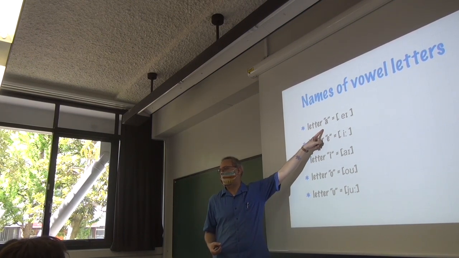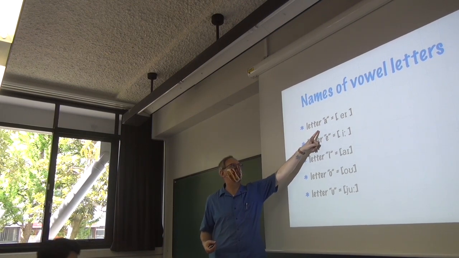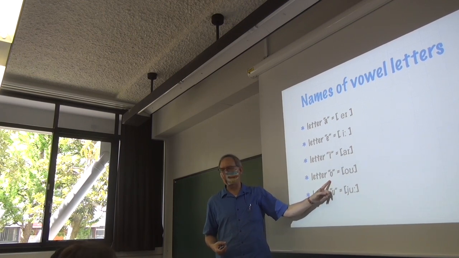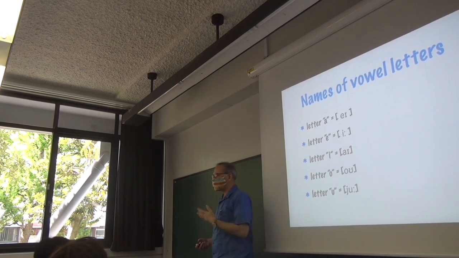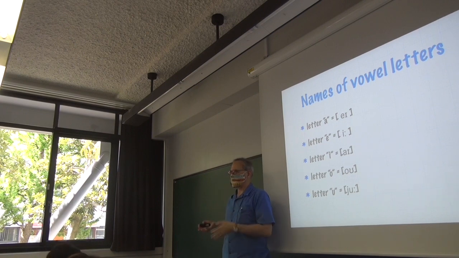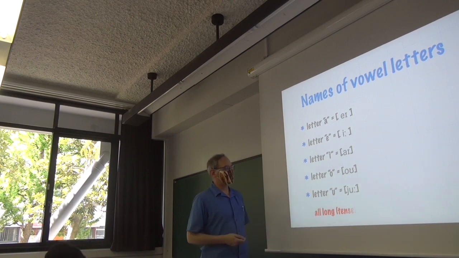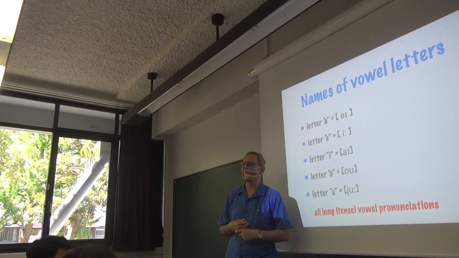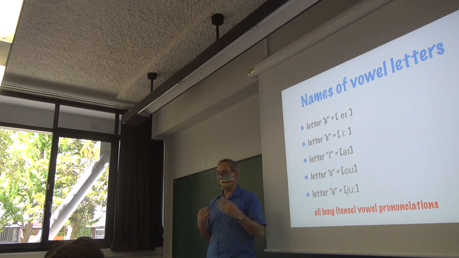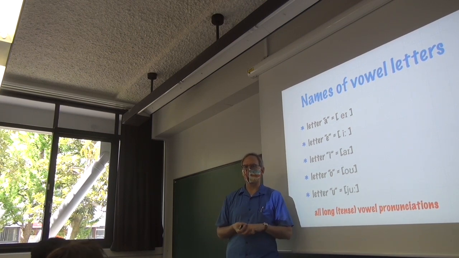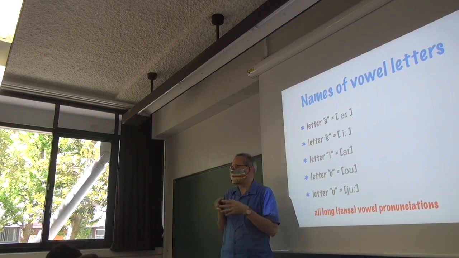Although we don't pronounce it uh, we pronounce it A, E, I, O, U. Because these are used as words in English, we say the letter A, the letter U. These are all long or tense vowel pronunciations. And we'll see later that this is required in order to be a word in English. English words have a minimum size.